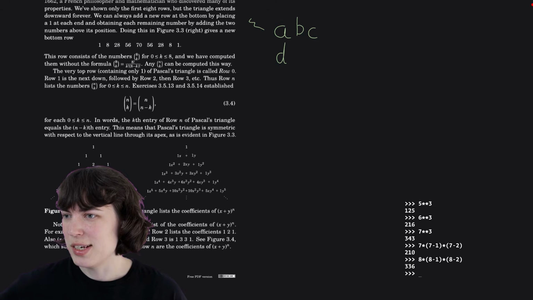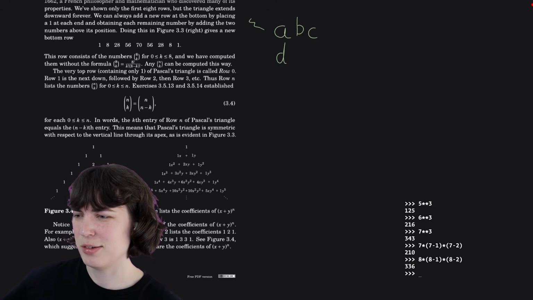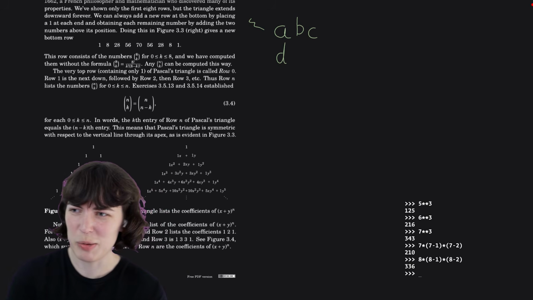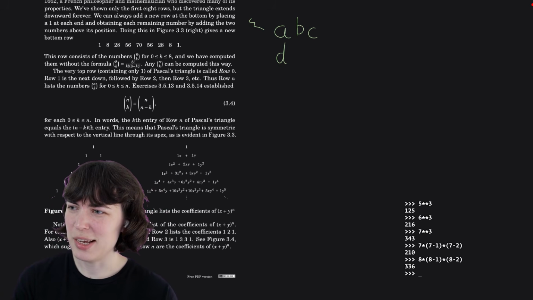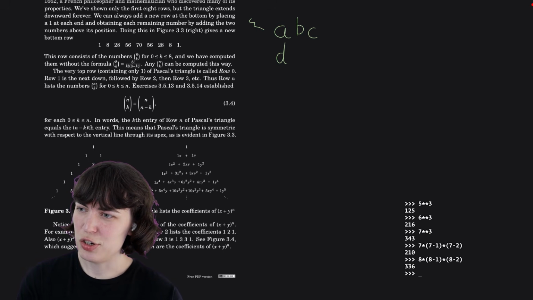The very top row, containing only 1, of Pascal's triangle is called row 0. Row 1 is the next down, followed by row 2 and row 3. What comes after that, though? It's kind of weird. He doesn't explain what comes next. Thus, row n lists the numbers n choose k for k from 0 to n. Exercises 3.5.13 and 3.5.14 established that n choose k equals n choose n minus k.